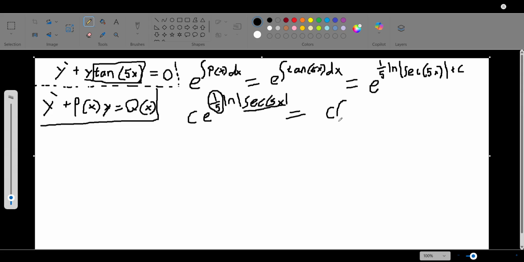It becomes c times secant 5x to the negative 5, or you can just put it in the denominator like I said.